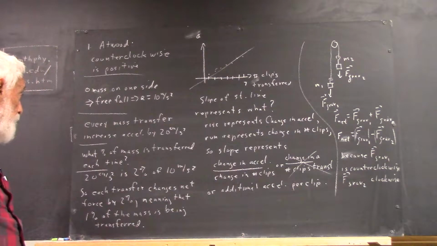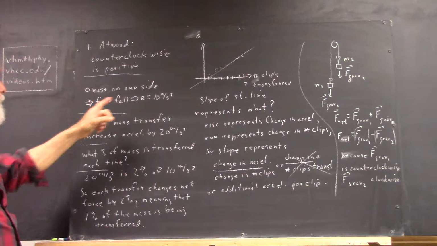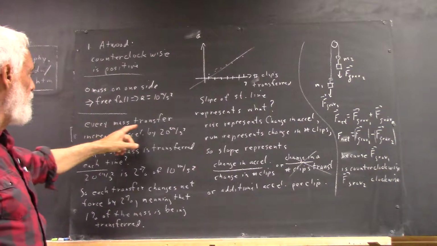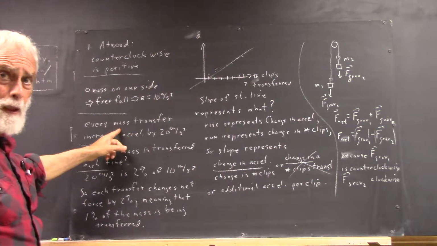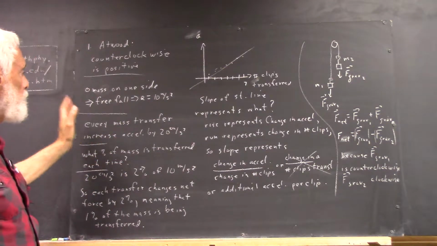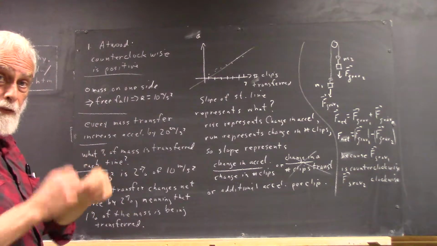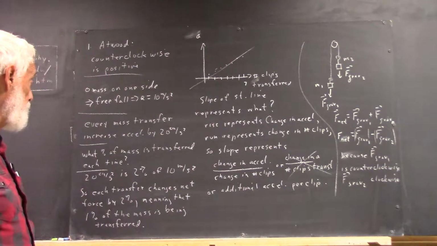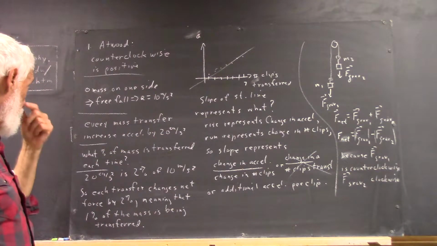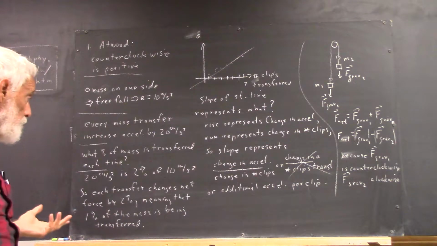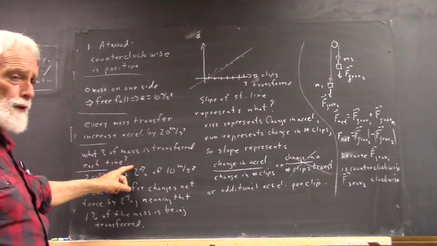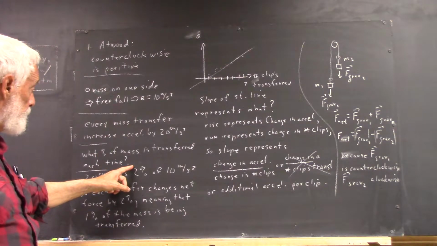Okay, so if then with the Atwood apparatus, we observe that every mass transfer, that would be every paperclip transfer, every transfer of some equal amount of mass from this side to this side increases the acceleration by 20 centimeters per second squared, then what do we conclude about the percent of mass that's transferred each time?